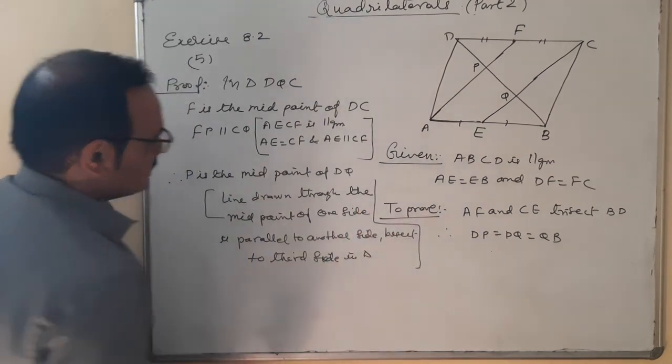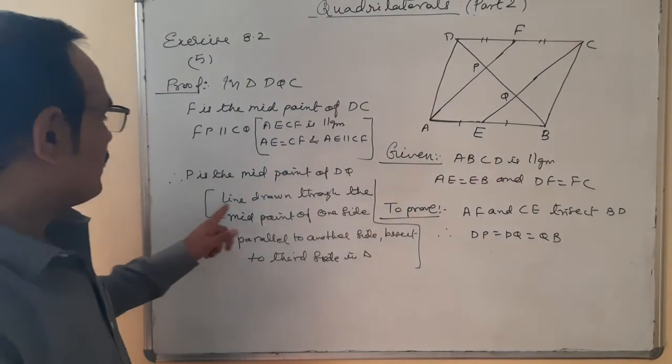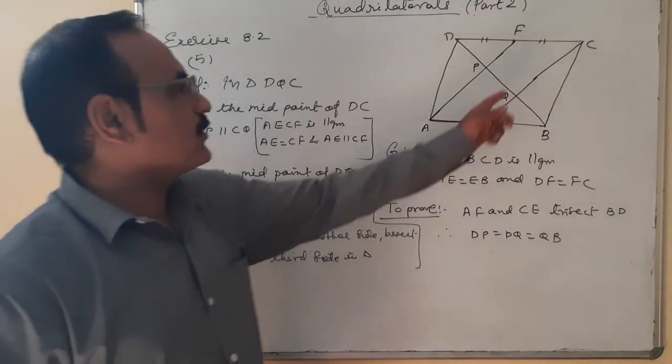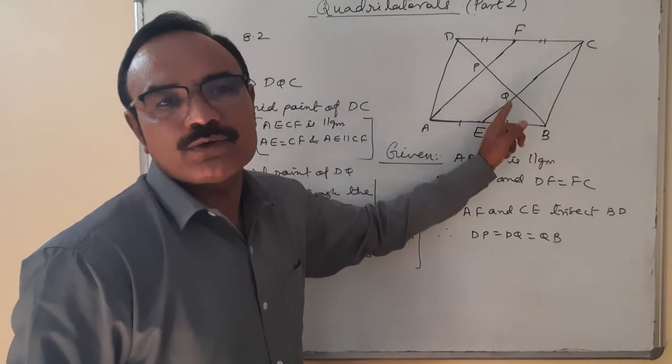Okay, this is the reason. Actually, it is the statement of the theorem which I told you. Line drawn through the midpoint of one side, parallel to another side, bisects the third side.